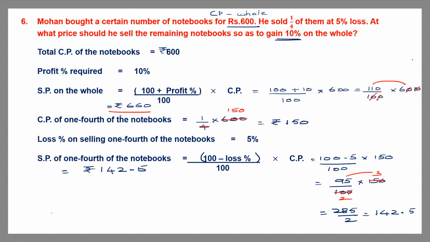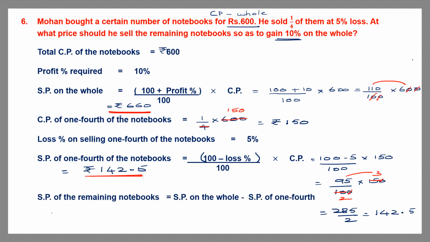So what do we have here? We have the selling price of all the notebooks. We have the selling price of one-fourth of the notebooks. So now we can find the selling price of the remaining notebooks. So that will be selling price of the whole minus selling price of one-fourth. So selling price of the whole is 660 rupees. Selling price of 1/4 is 142 rupees 50 paisa.